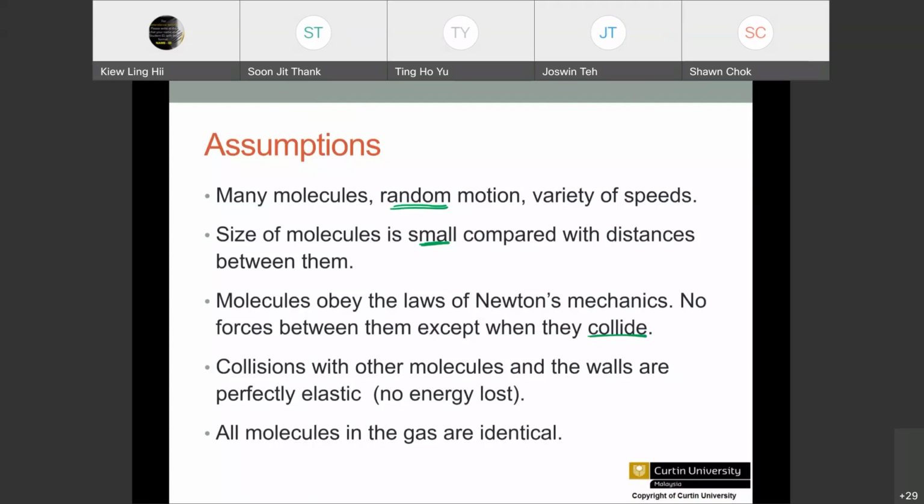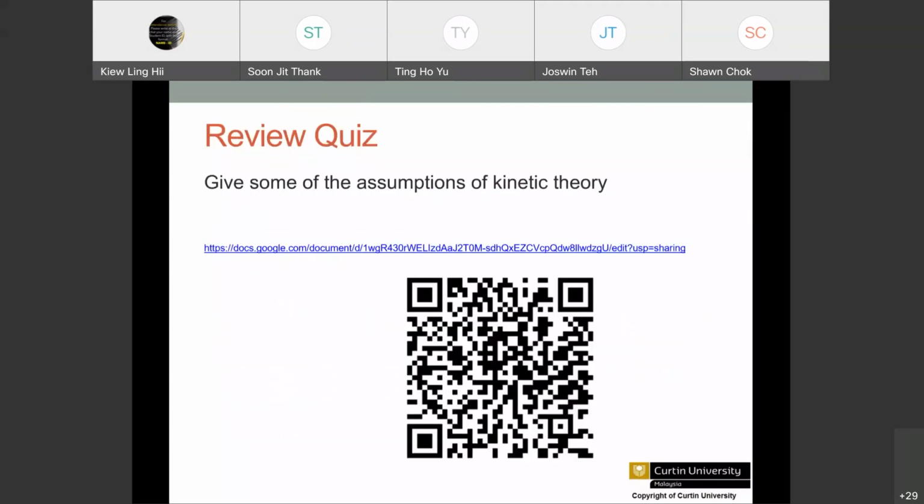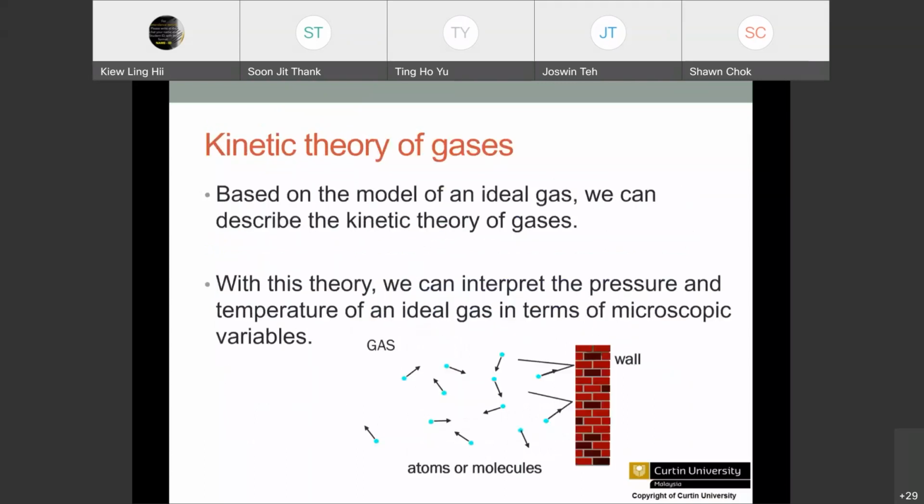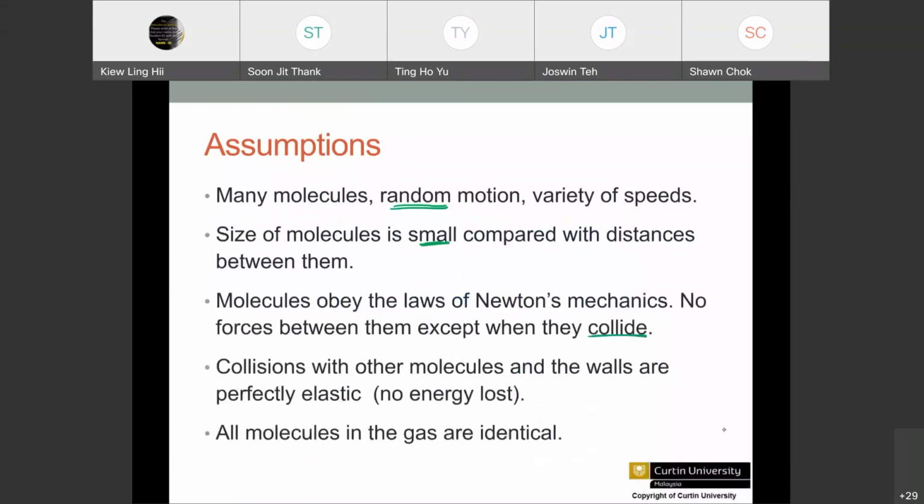No forces between the atoms until they collide.